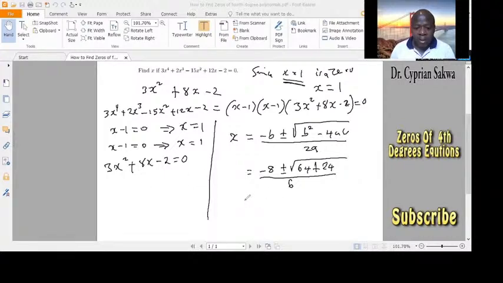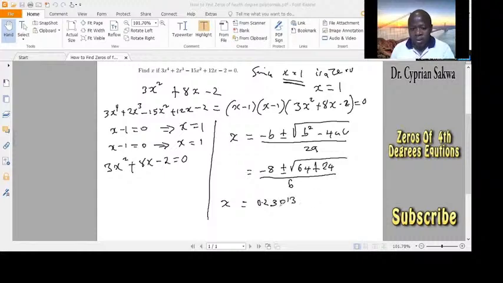This one can be done using your calculator. In fact, inside the bracket we have 88. So what is the square root of 88? Let me just use my calculator. I'm getting x to be 0.2301.